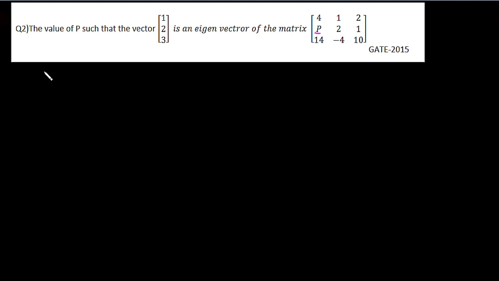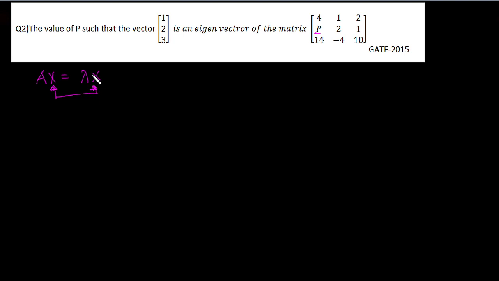So let's say we have any matrix A, and I multiply it with a vector x. If x is an eigenvector of this matrix, then in the output what I am getting is simply the same vector, but scaled by some factor, which is lambda.